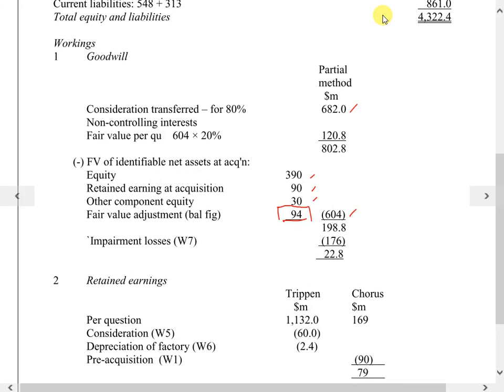604 transfer to here. Times 20% NCI, we call this their portion is 20% of here. So it's 120. So 802 minus 604, 198. This one belongs to who?